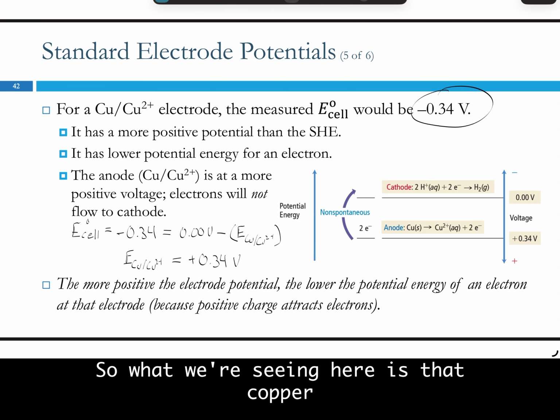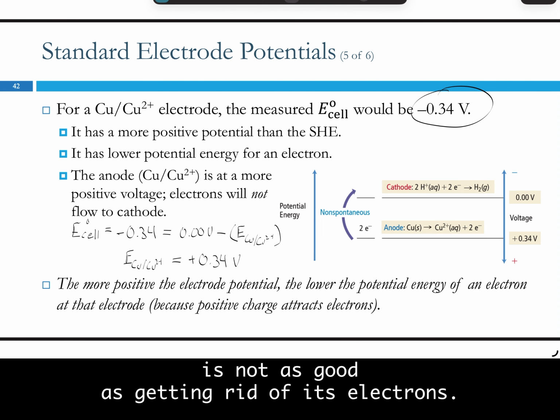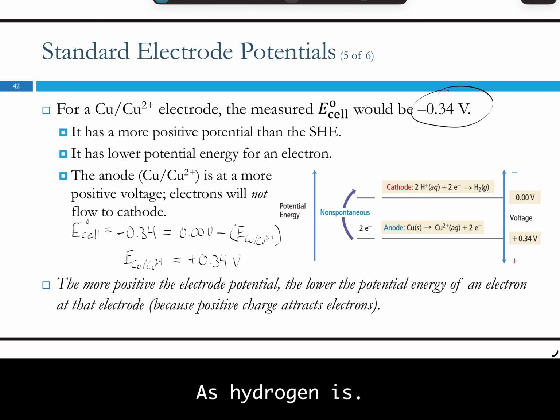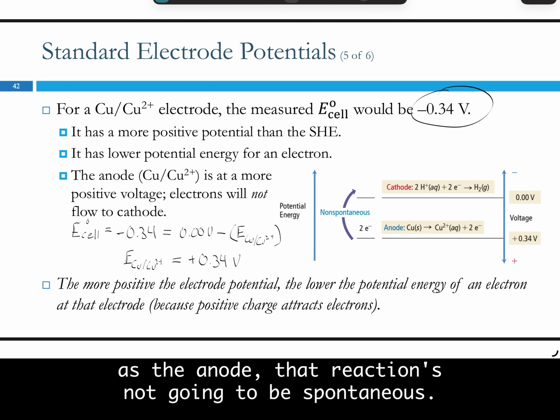So what we're seeing here is that copper is not as good at getting rid of its electrons as hydrogen is. So as written, with copper as the anode, that reaction is not going to be spontaneous.